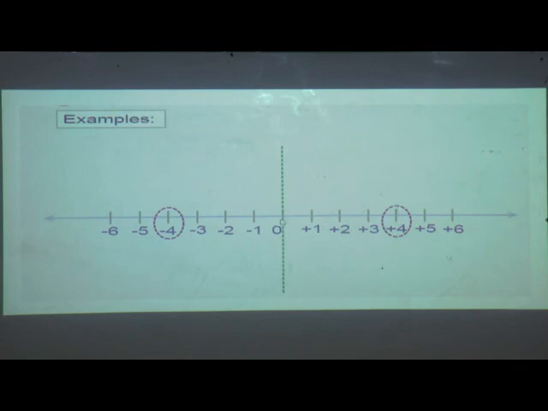And if we want to move to the left side to represent -4, again we have to move 4 points to the left side. So the distance from 0 to +4 is 4 points, and the distance from 0 to -4 is again 4 points. These are at equidistant from 0.